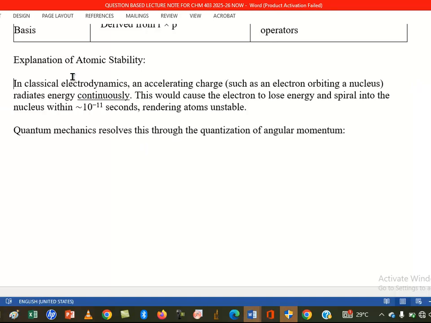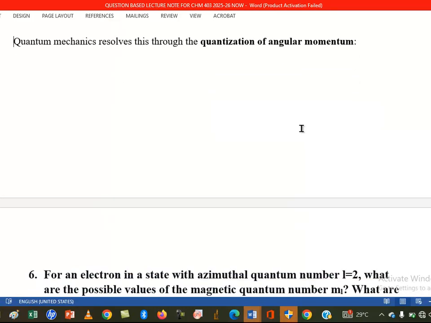That's classical. This would cause the electron to lose energy and spiral into the nucleus, but of course we know that is not the case. So because of quantization of angular momentum, this is important, that is why the atom is stable.